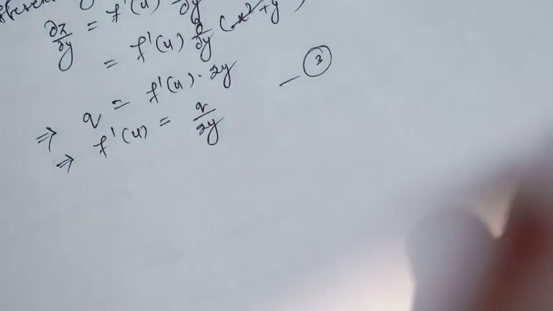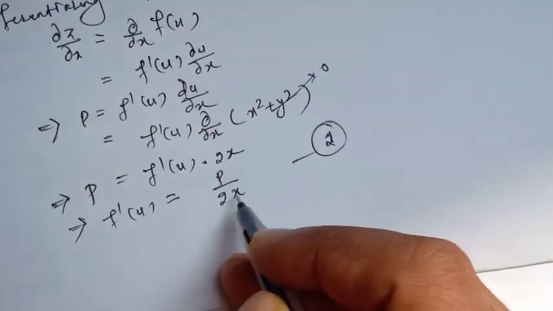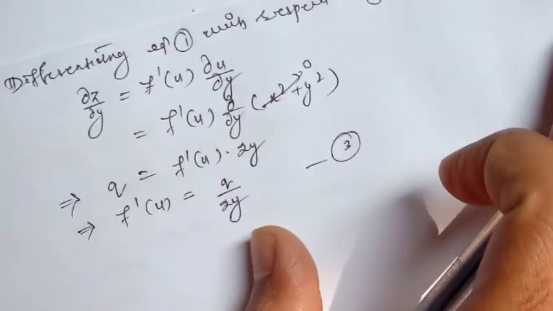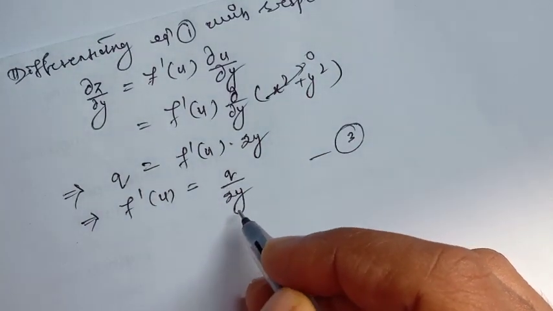In equation number 2 we have f dash u is equal to p by 2x, and in equation number 3, differentiating partially, f dash u is equal to q by 2y.